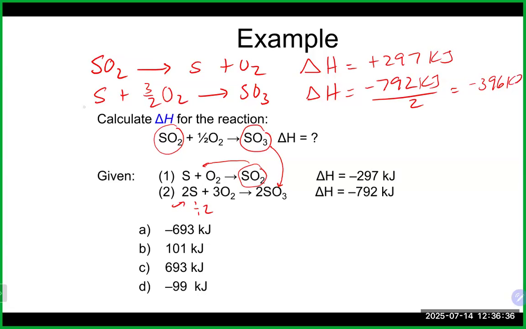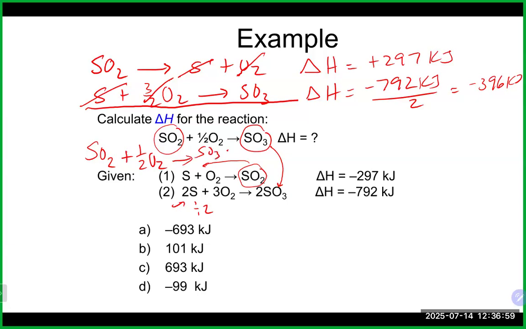So if I've done this correctly, we should end up with what we're looking for. Those are going to cancel, and that's going to leave me an SO2 on the left, plus there is 1 here, which is 2 over 2, minus 3 over 2 leaves me a half of O2, gives me an SO3.